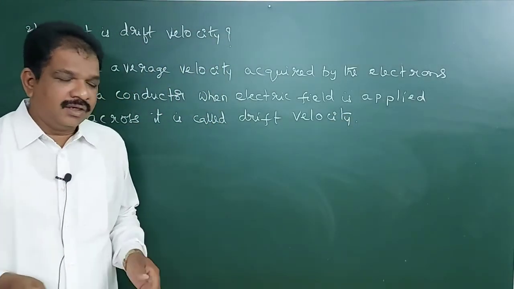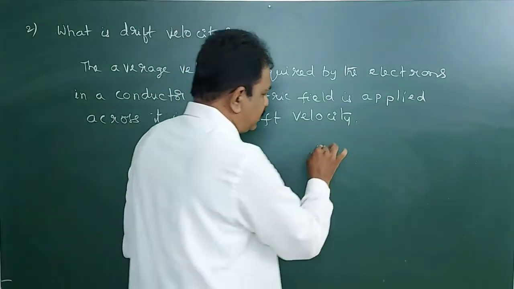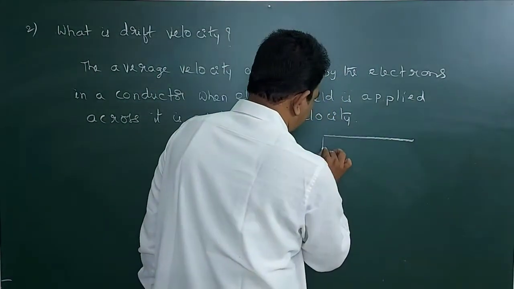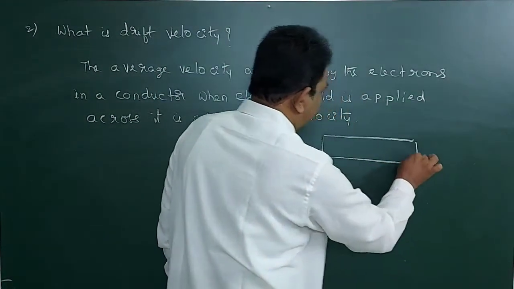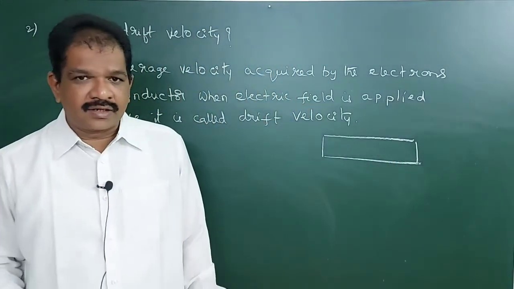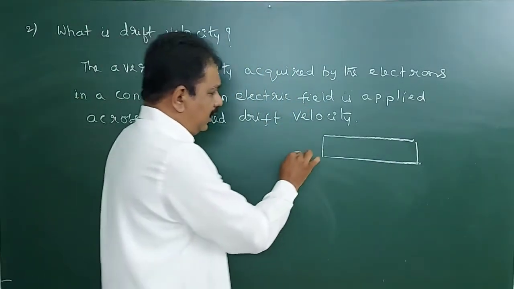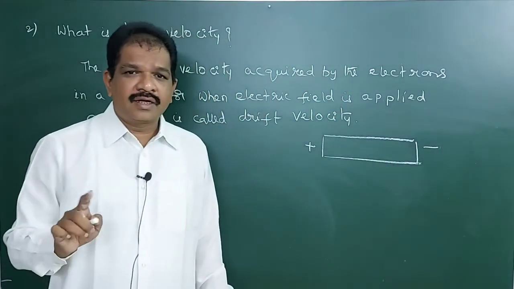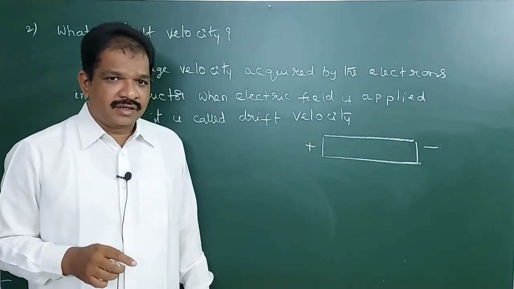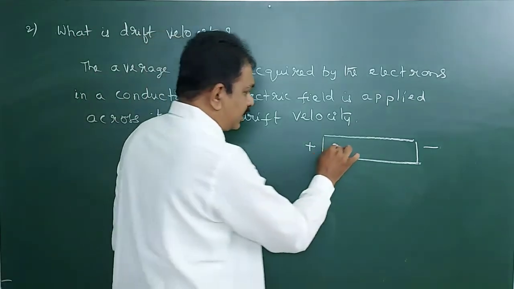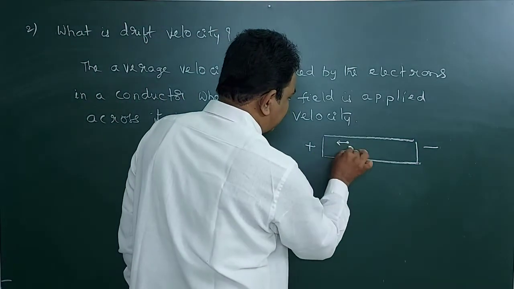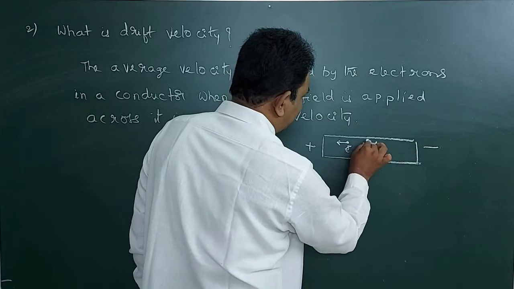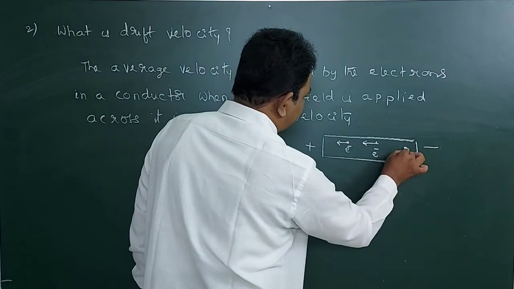So what is the meaning of this? For example, it is a conductor. Every conductor has free electrons. We created one electric field across the ends of the conductor. Then the electrons in this conductor are drifting with some velocity.